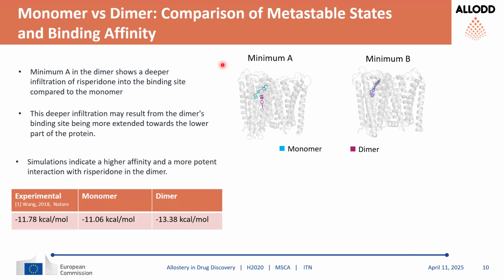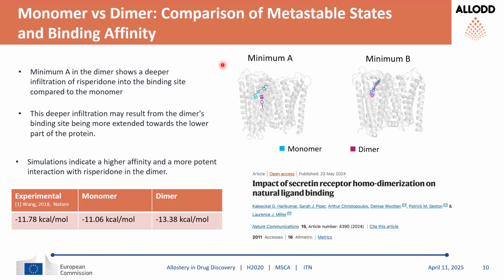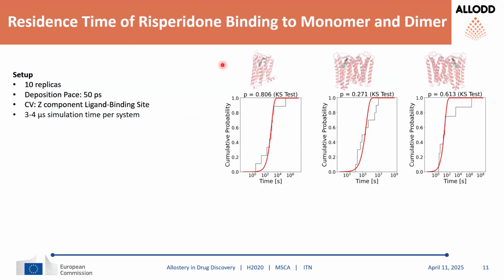And apparently, this also causes a change in the affinity for the dimer, which results to be higher according to our estimate. And this is a behavior that's already been reported in the literature, the impact that homodimerization can have on ligand binding.